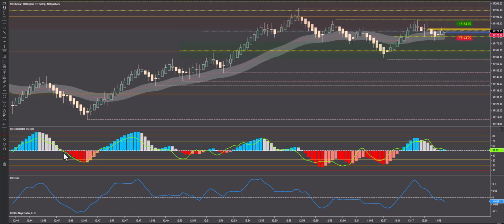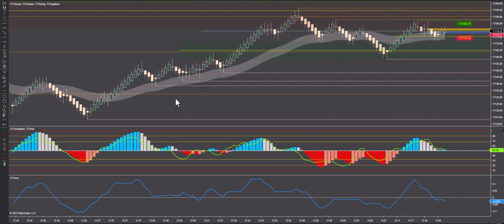Again, when the green line is below the zero line, we want to look to sell if price is below the highway and we have a red histogram. We want to buy if the green line is above zero, we have blue, we're above the highway, and we have a blue histogram. Pretty simple again. Below 0, selling, as long as all the other rules apply. Above 0, buying, if all the other rules apply.